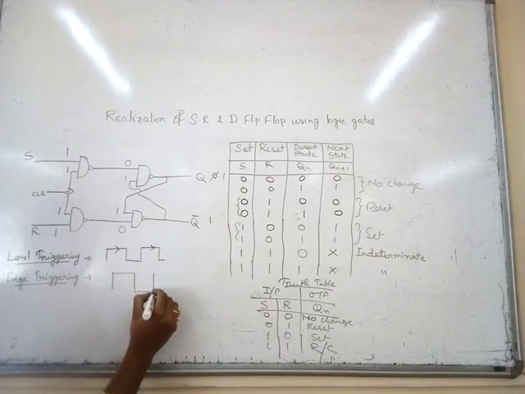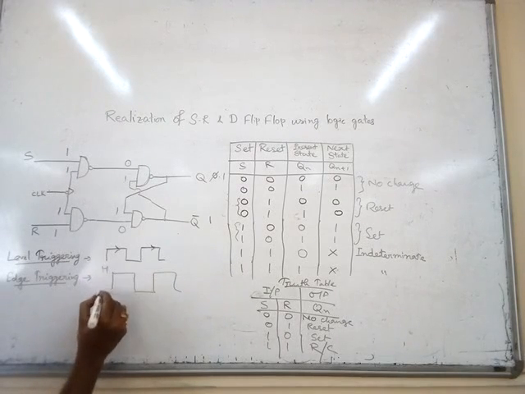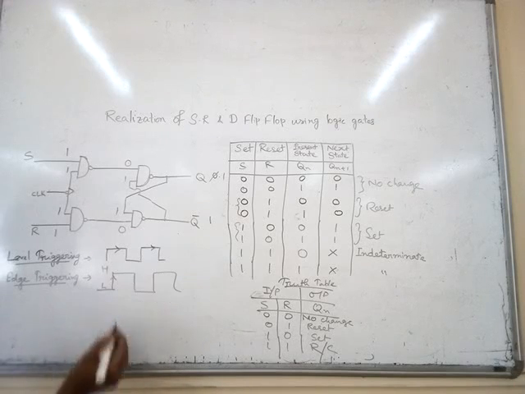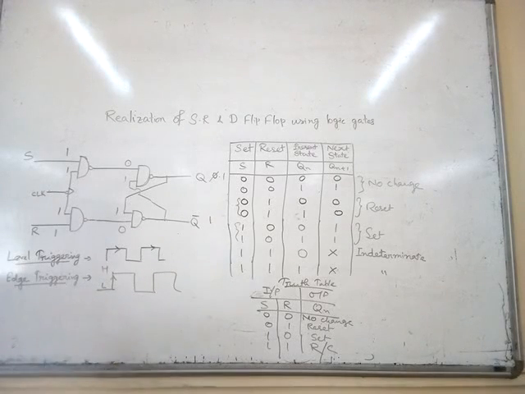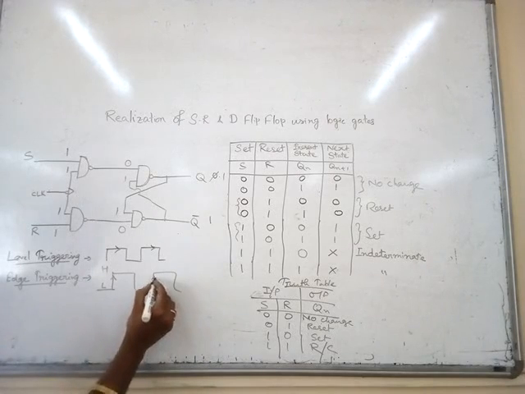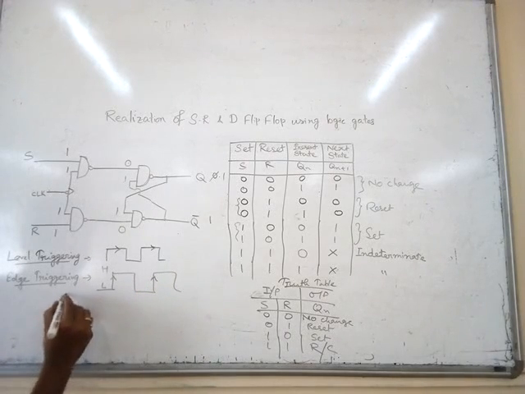Suppose this is high and this is low. If the edge goes from low to high, it is called positive edge trigger. This is positive edge trigger.